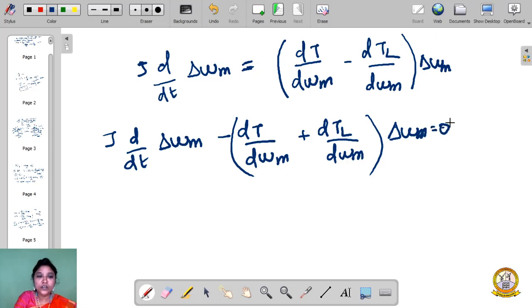0. So now this is the first order equation. If you take d/dt like this, then this is the first order equation.